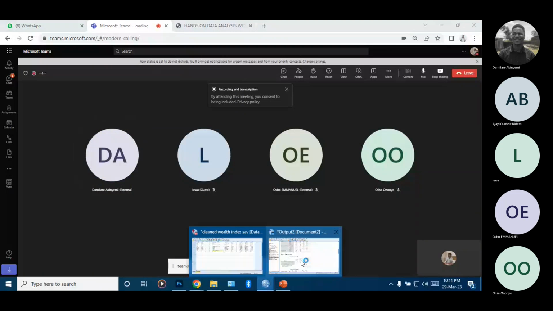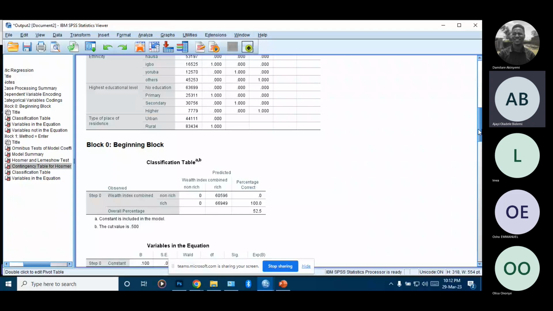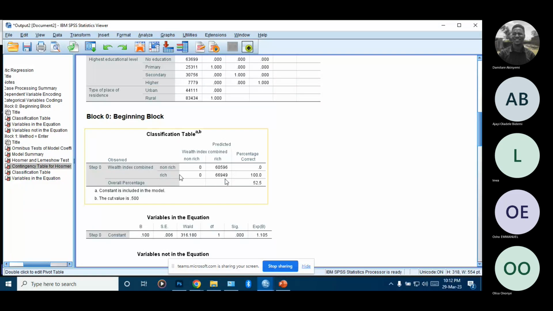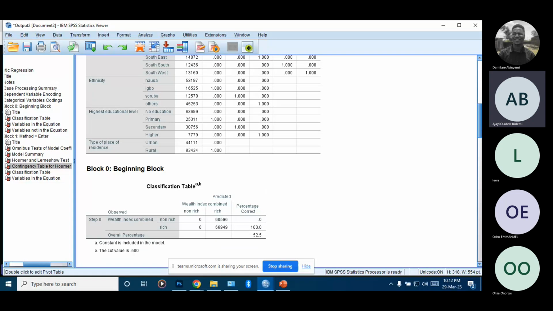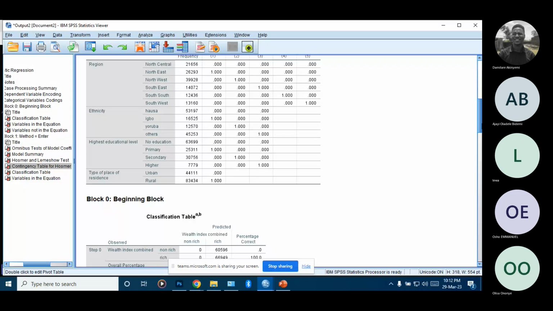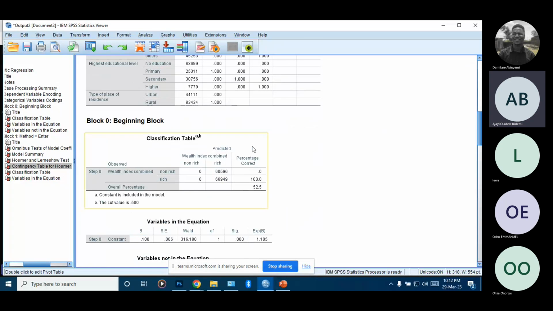Now, remember when we had our block 0 up here, I said block 0 tries to fit the model without including any independent variable, without including any predictor in the model. It will not include place of residence, educational level, ethnicity or region. That is for block 0. Now, the classification for block 0 gives 52.5% correct prediction, an overall 52.5%.